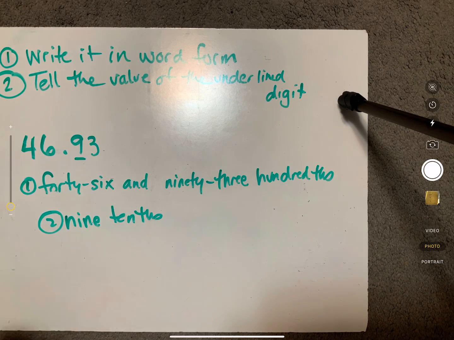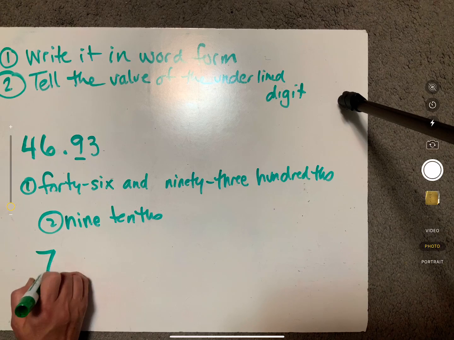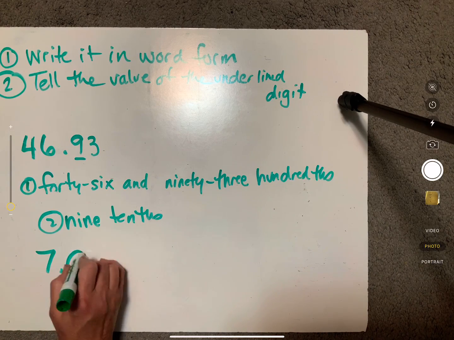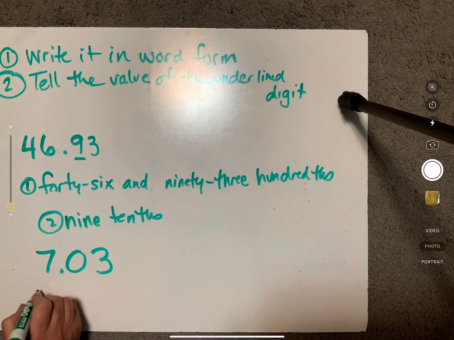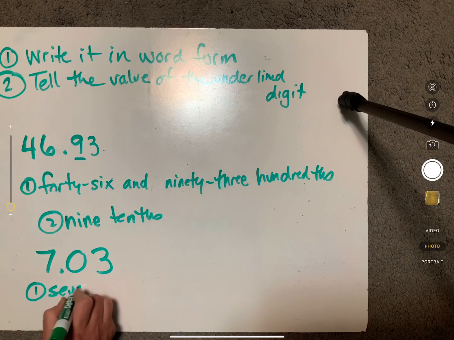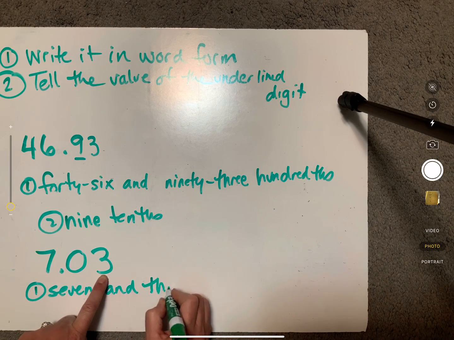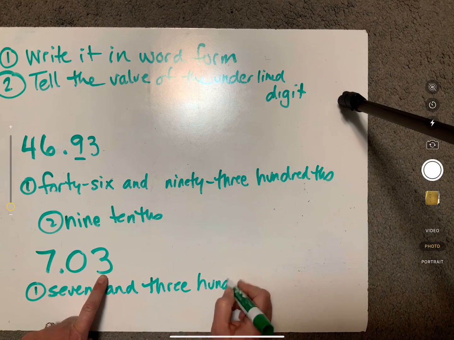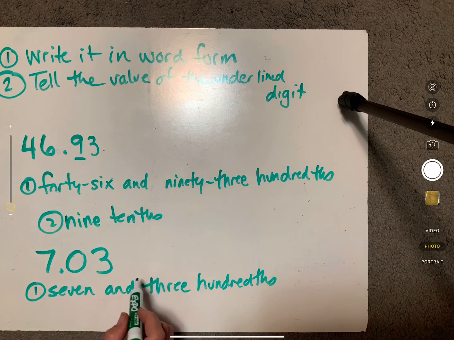Okay, let's do one more. Let's say I have 7 and this number. So step 1, in word form, I would have 7 and 3 hundredths. And then step 2, let's do our underlined digit here.